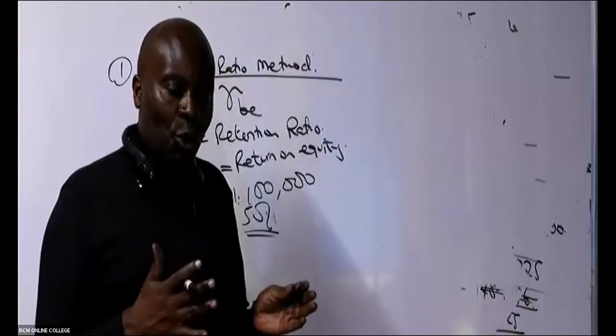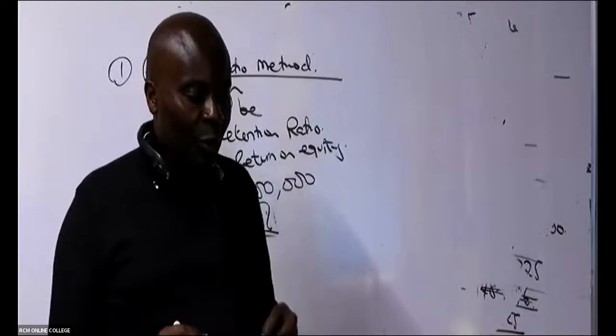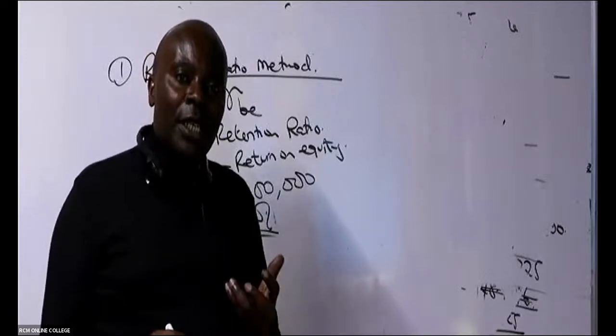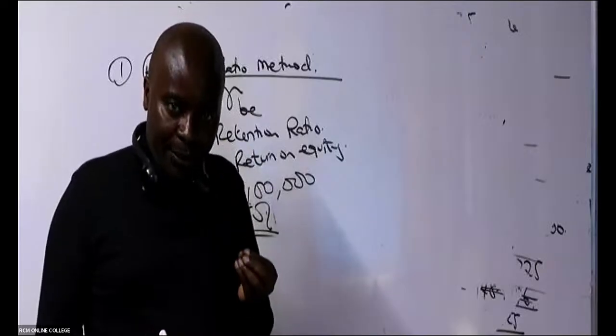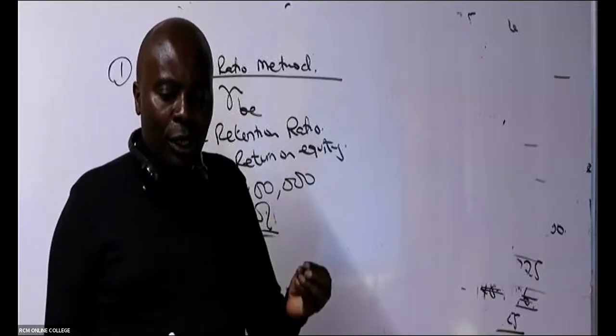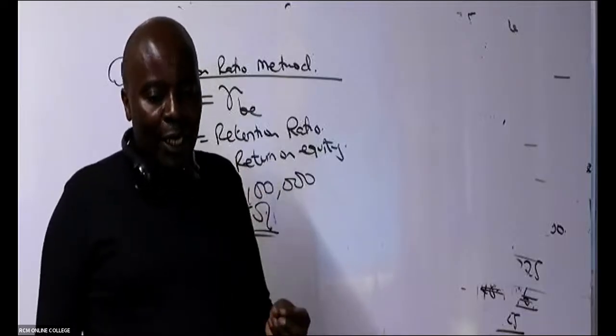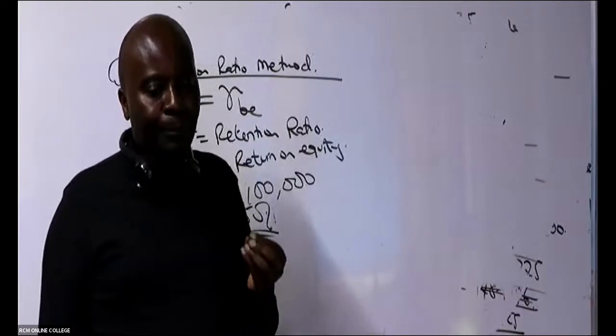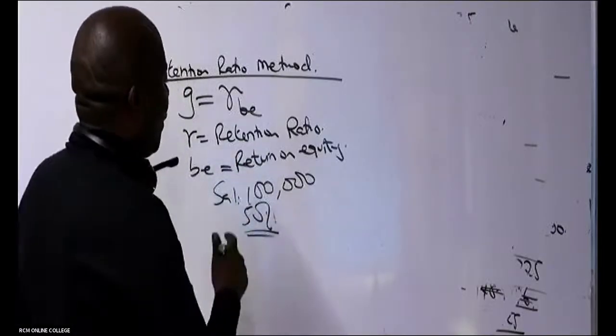If you want to grow, growth rate is a function of 2 things. Retain something with yourself and invest it in equities which are giving a return. So this is very, very important.